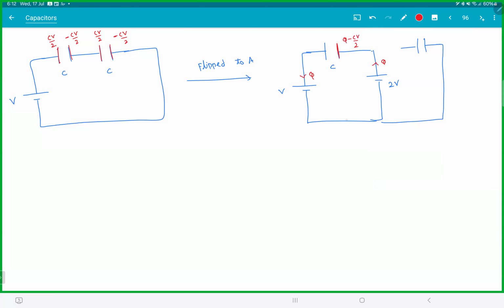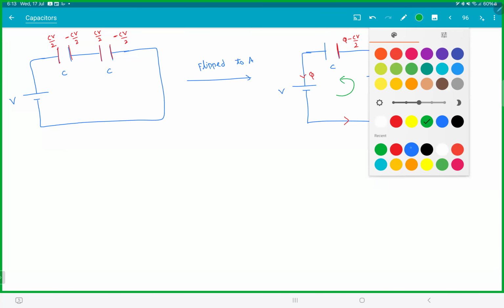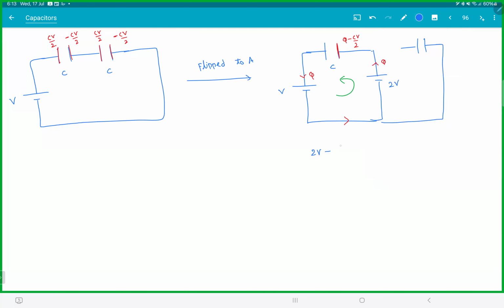Q again goes back here and Q comes back. Now apply Kirchhoff's loop law in this. This would be 2V minus (Q minus CV by 2) by C minus V equal to 0. That would be CV minus Q plus CV by 2 equal to 0. Q is equal to 3CV by 2.